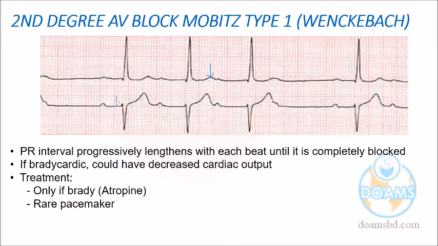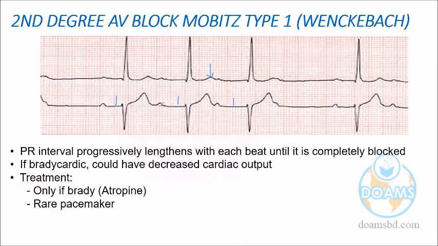So this is one, second one, and the third one. Obviously, it is visible that this PR is being prolonged. So the difference from the first degree is that in the first degree block the PR was fixed, though it was prolonged. Here it is prolonged and not fixed. It means we can say prolonging PR associated with a drop beat.